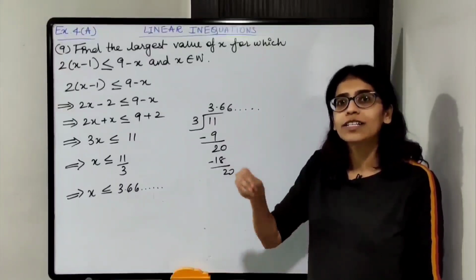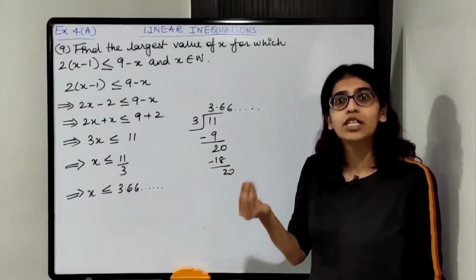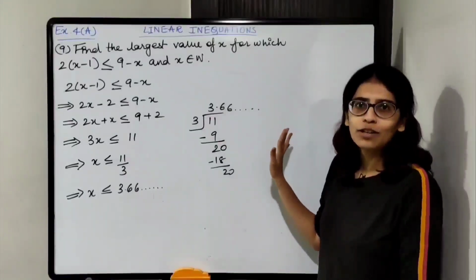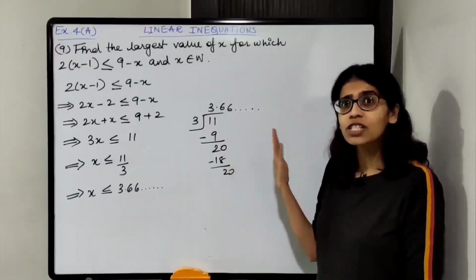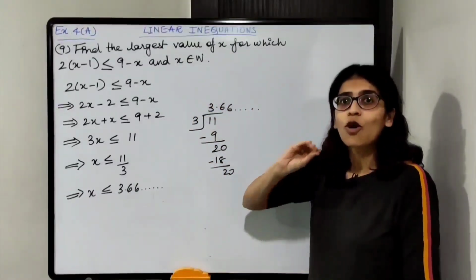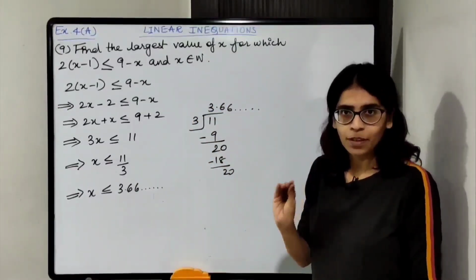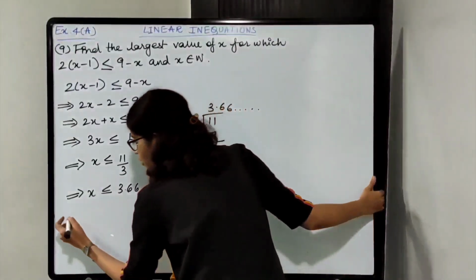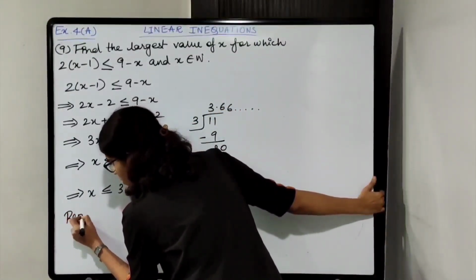Let us check what is the replacement set and what will be the solution set. Okay. We have to find the largest value of x. Largest value क्या होगा? If x belongs to the set of whole numbers. Okay. So whole numbers is the replacement set over here. So write down replacement set.